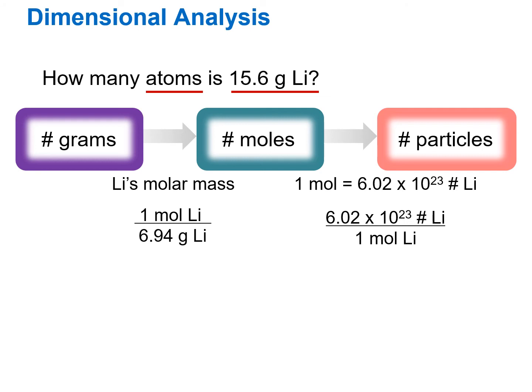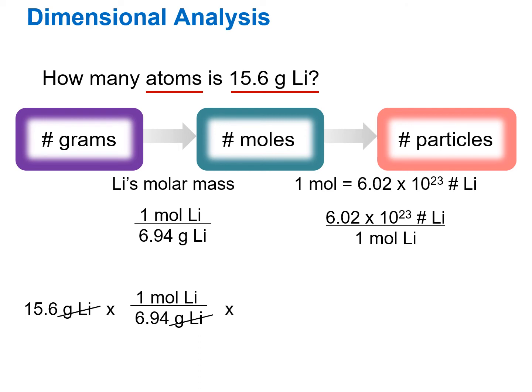Okay, so we've created two conversion factors that are going to allow us to go from grams to the number of particles. To set up our equation, I always like to start with what we're given. So we've been given 15.6 grams of lithium. We're going to drop in our first conversion factor. And we can even get rid of repeating terms at this point. So we have grams of lithium on the bottom and on the top.